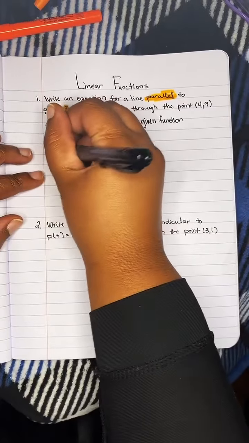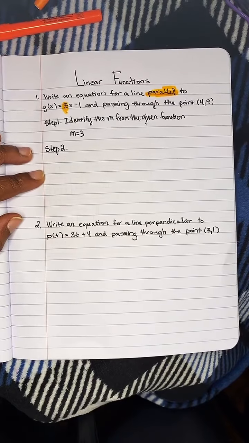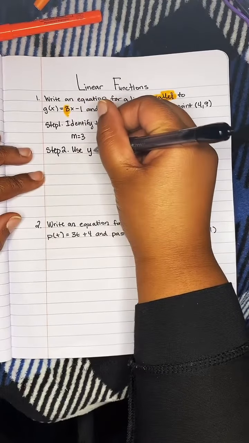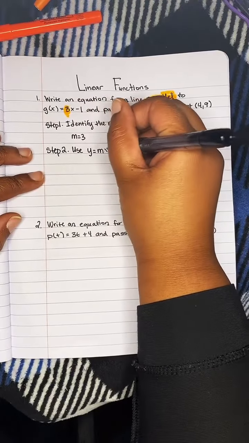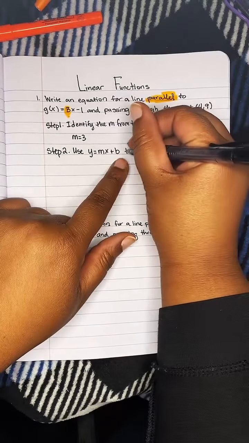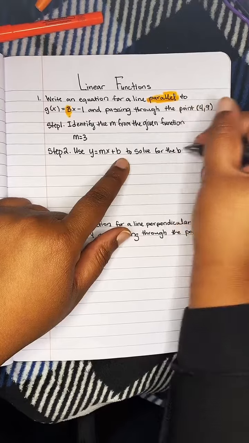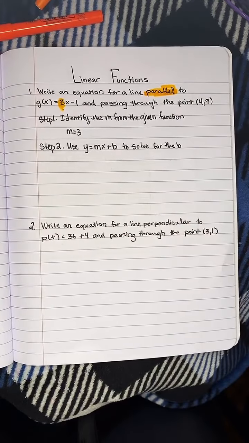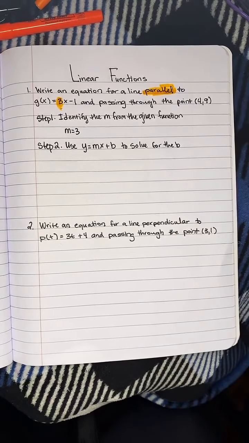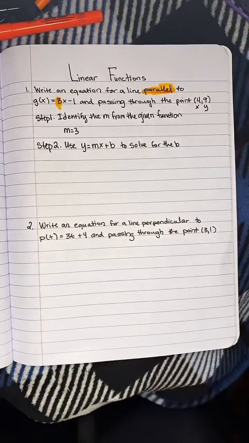Now our step 2, this is what I saw some people put in the chat, which is really good. Whenever we want to write an equation, we have to use y equals mx plus b. So we use y equals mx plus b to solve for the b. Now, some people might be like, what? But they gave us a point right here. So they gave us an x and a y, and they also gave us an m.